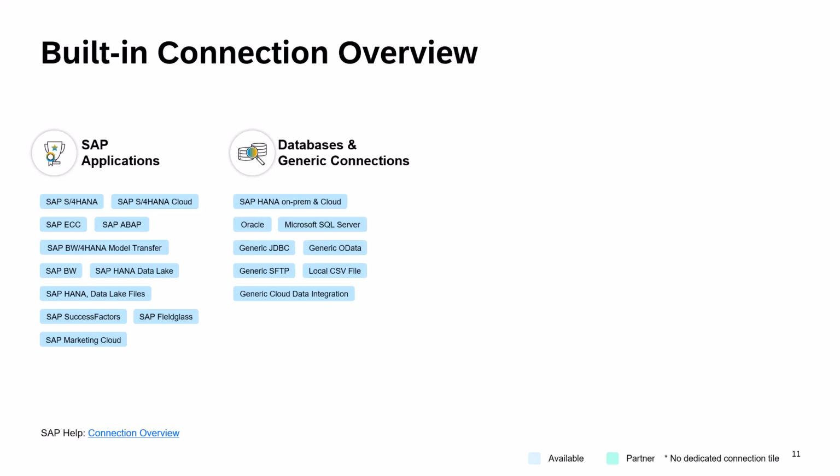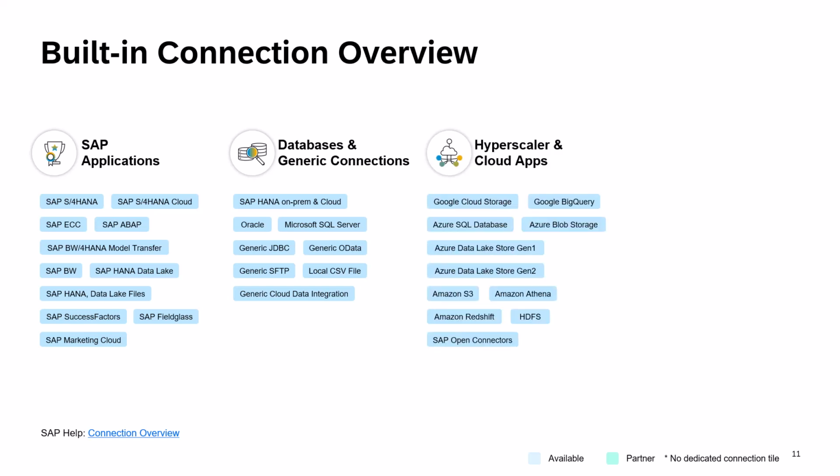Then we offer database connectivity to, as mentioned, HANA on-prem as well as cloud-based versions, Oracle, SQL Server, and other generic capabilities like generic JDBC or SFTP connectivity. There's a generic OData interface, of course, local files, and generic cloud data integration. Then in the area of hyperscaler and cloud applications, right?